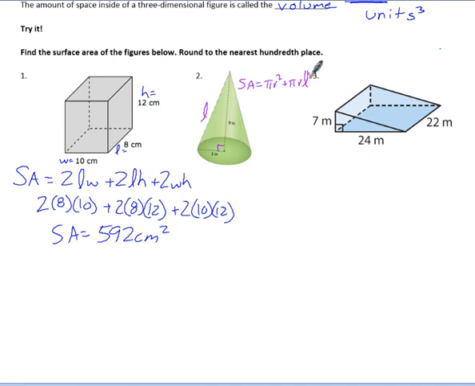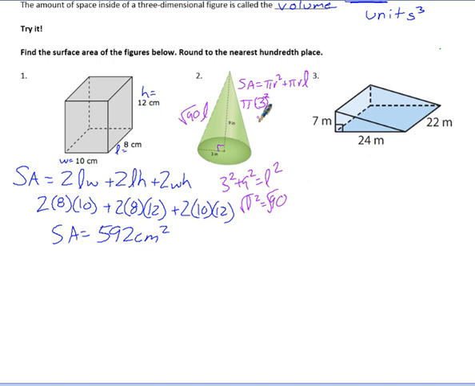To figure out what the slant height is, I'll do Pythagorean Theorem. That's going to be 3 squared plus 9 squared equals L squared. When you simplify that out, you end up getting L squared is equal to 90. So I'll just leave this as square root of 90. If you want to write it as a decimal, that's fine too. Now for my formula, I'm going to fill in the pieces here. Pi is 3.14 times the radius squared.